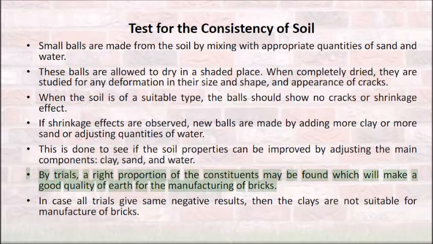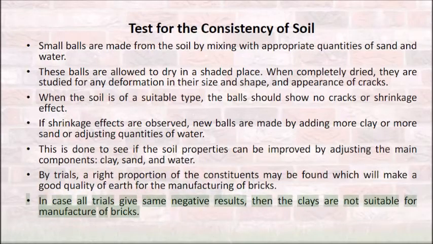By trials, a right proportion of the constituents may be found which will make a good quality of earth for the manufacturing of bricks. In case all trials give same negative results, then the clays are not suitable for manufacture of bricks.